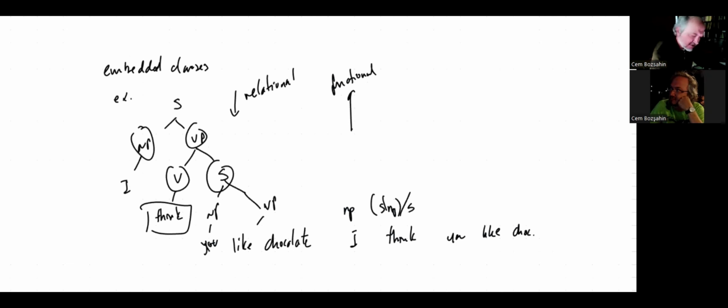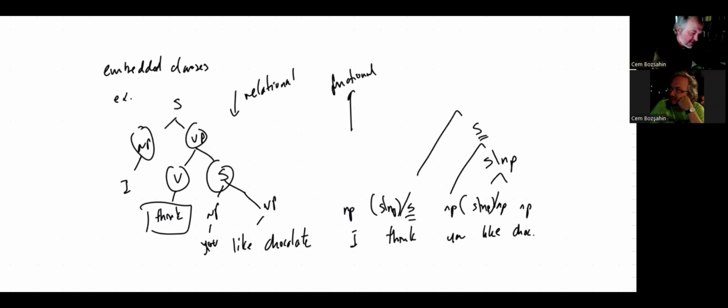This is a noun phrase. This is a transitive verb. So from this, you get S under NP by application. By combining this and that, you get S, and then combining that, you get S.